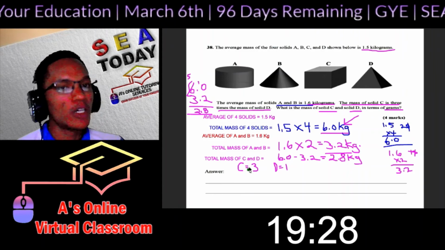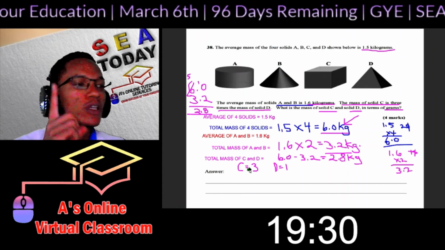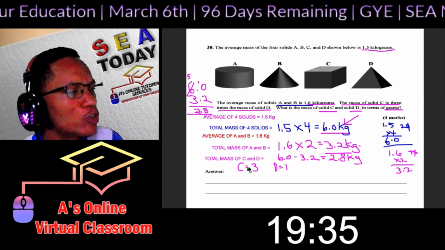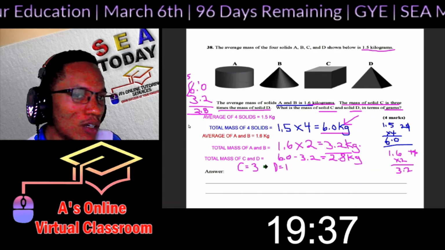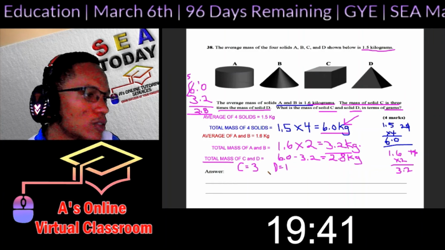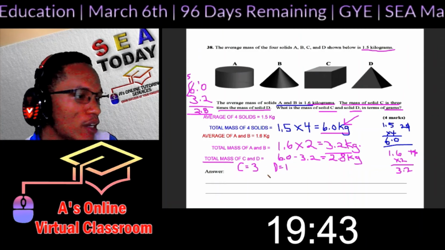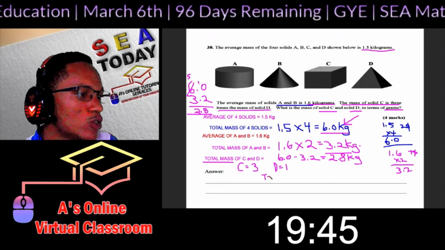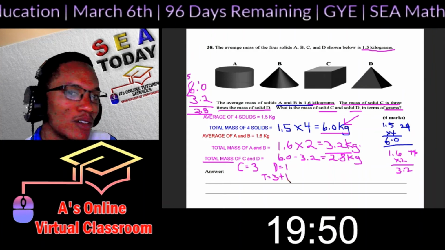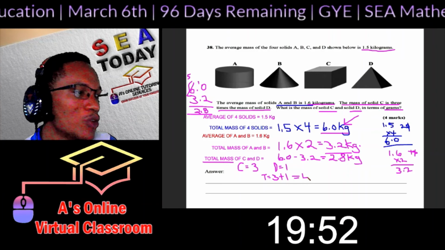Or for every 3 kilograms of C, you have 1 kilogram of D, right? So in total, together, because we have the total mass, we want the total share, which in this case would be the 3 plus 1, which is 4.